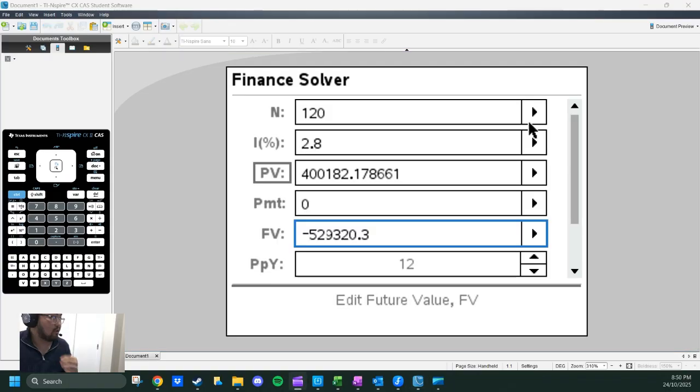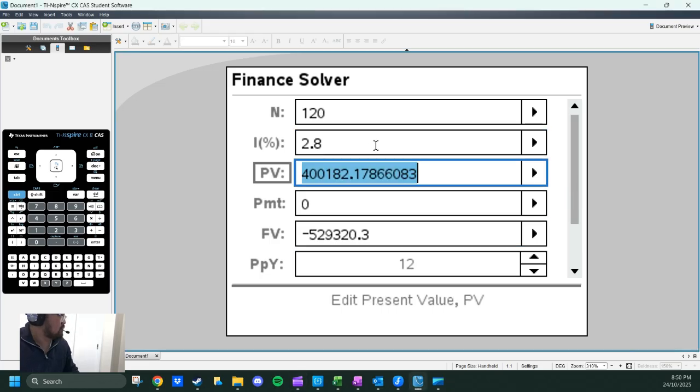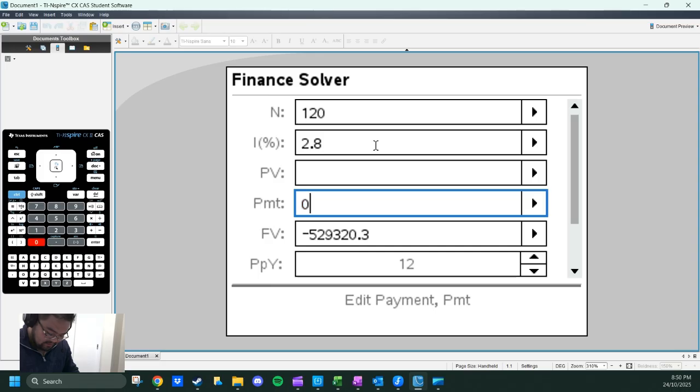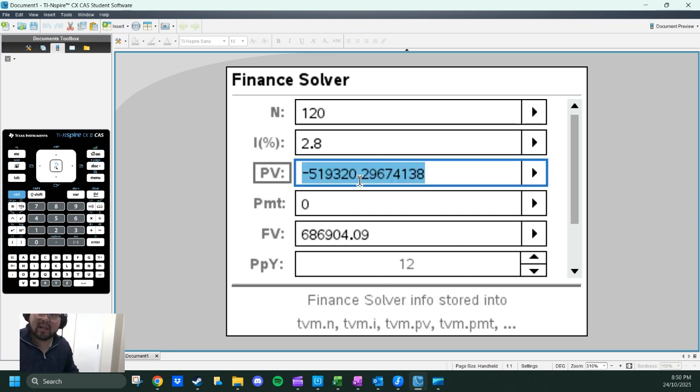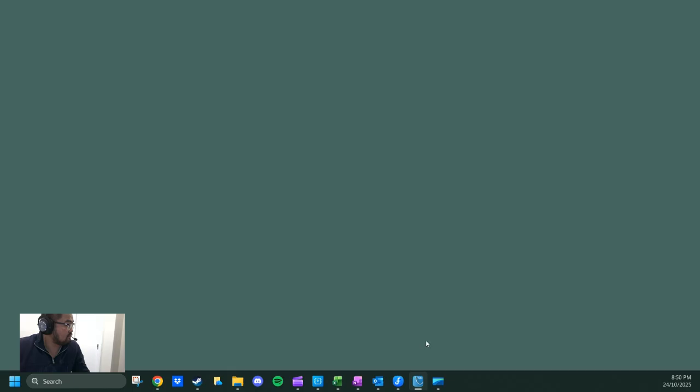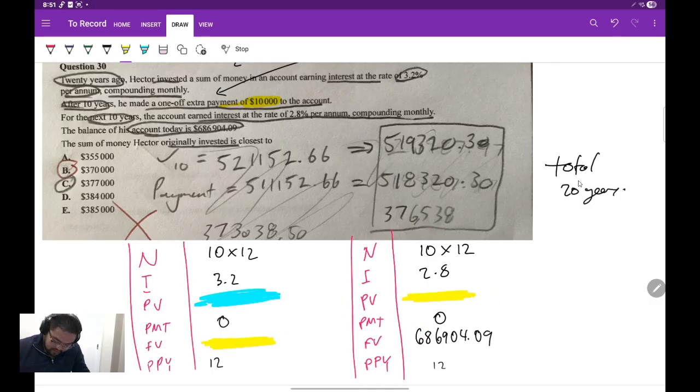Okay, so let's plug the values in. We've got 120, 2.8. What we're trying to work out is the PV. Our PMT is 0, and our future value is 686,904.09. If we use this to work out our present value, we get 519,320.30.